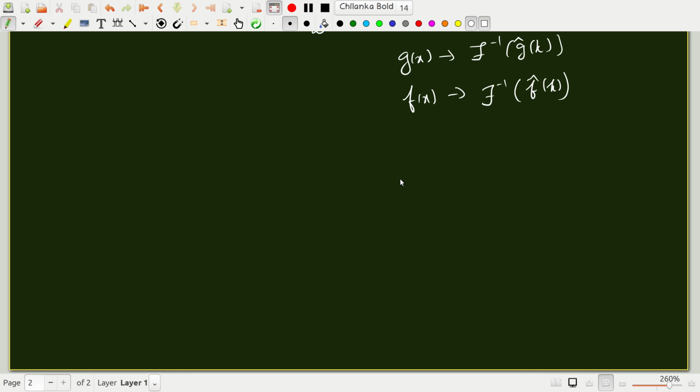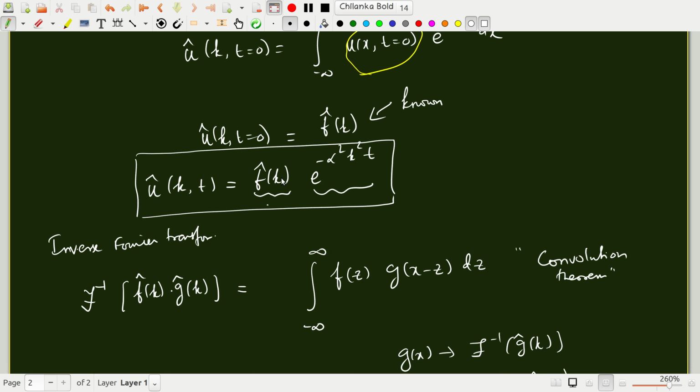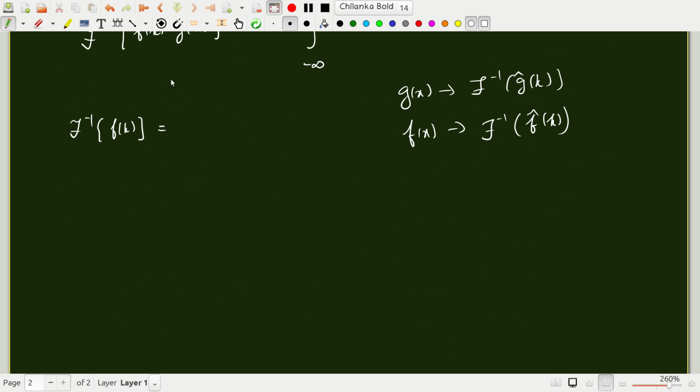Okay, so now in our case, we have two functions, right? f hat of k and e to the minus k squared alpha squared t. So we know the inverse of f hat of k, which is nothing but f of x, the initial condition, which we know.